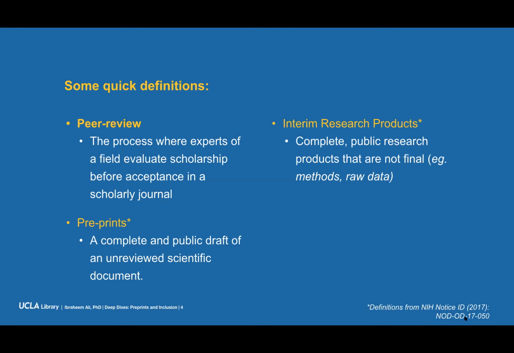The NIH notice ID is listed here in the bottom right-hand corner of my screen. It was a notice in 2017 that essentially stated that grant writers can cite preprints in their NIH grants and renewals as a means of showing productivity, which I think is a first step in bringing these into the discussion of the scholarly dialogue.